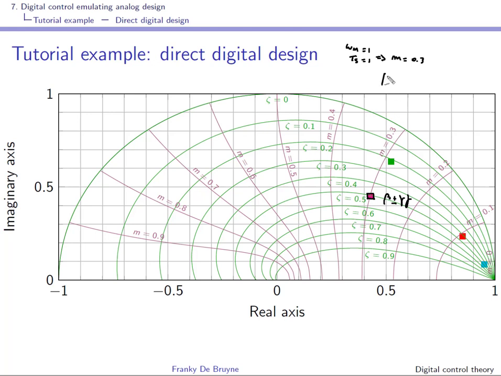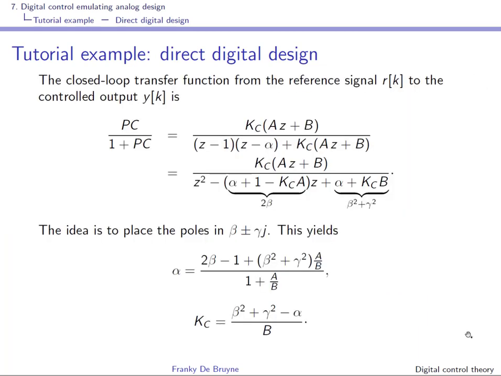So we have beta plus minus gamma j approximately equal to 0.43 plus minus 0.45j. We had seen that the loop gain P times C was, because there is a pole zero cancellation, Kc (Az plus B) over (Z minus 1)(Z minus alpha).